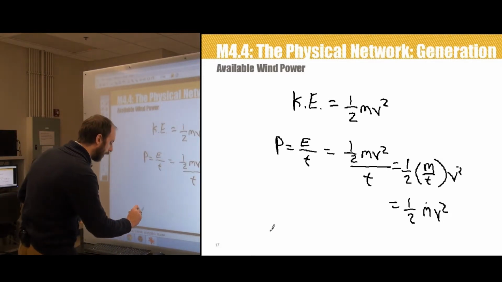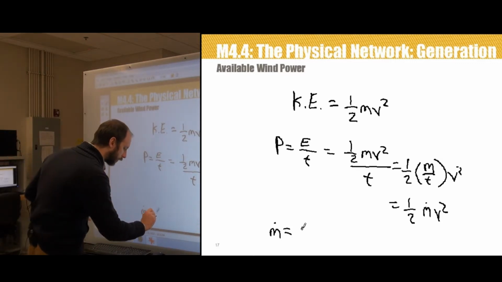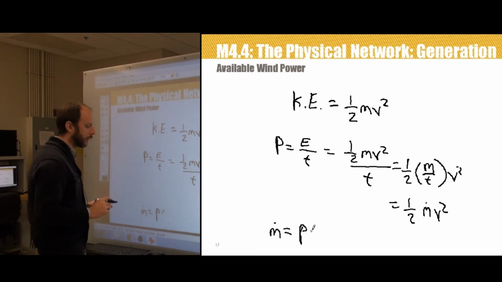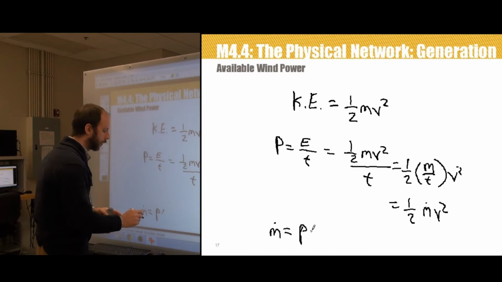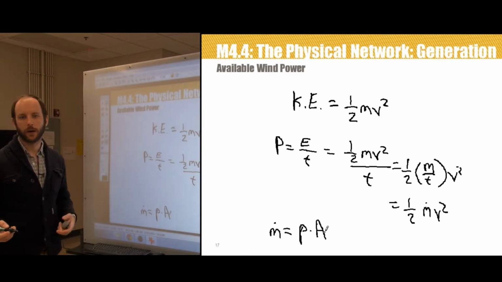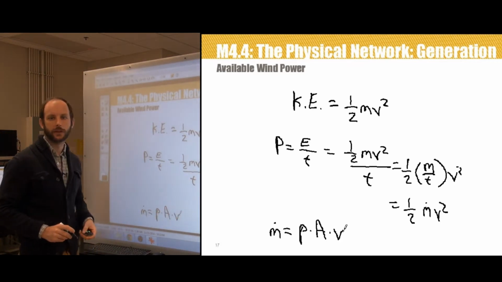So m dot, the mass flow rate of air passing through a turbine, is the density of air, rho, first; then the area through which the air is flowing, or the cross-sectional area of the rotor blades of the turbine, A; and then we multiply it by the wind speed, or wind velocity, V.